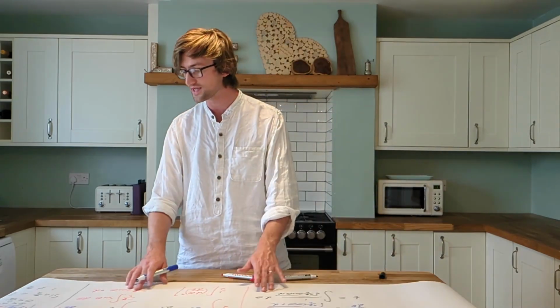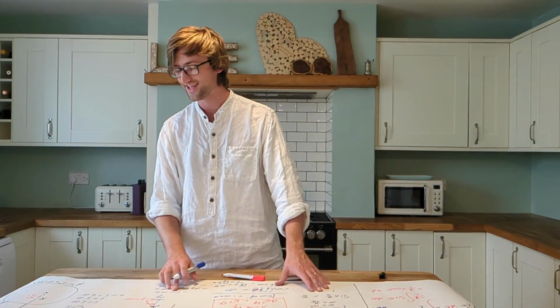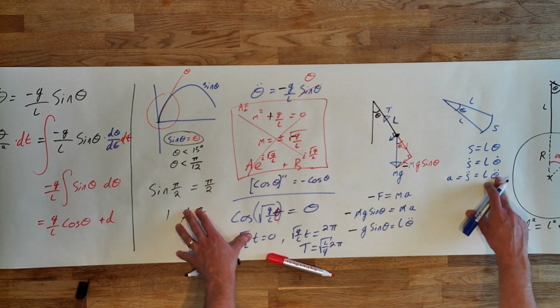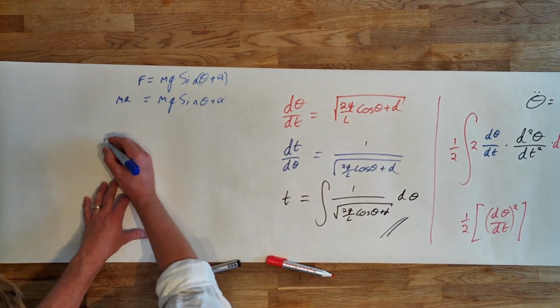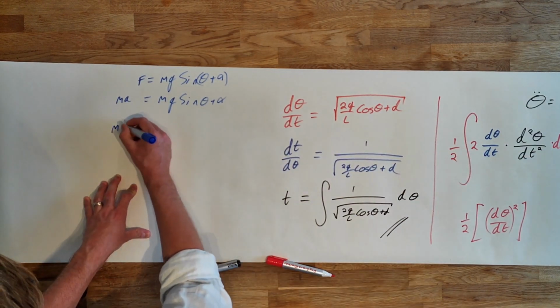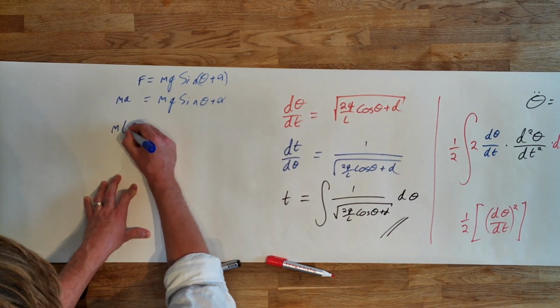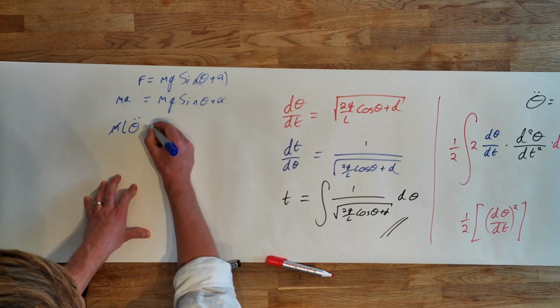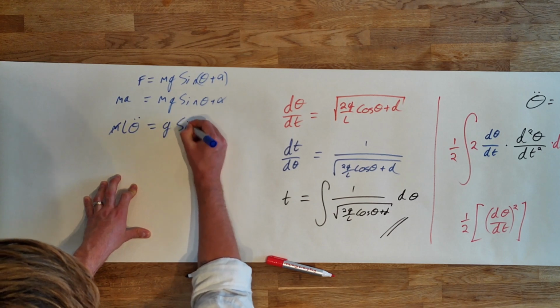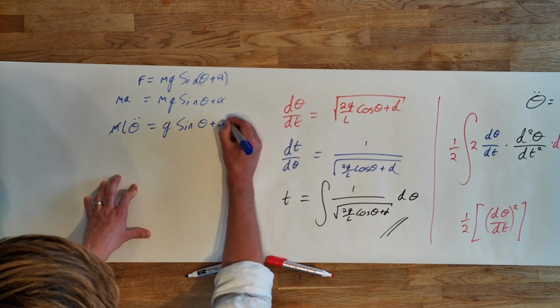A we already had earlier on as L times theta double dot. So back over here, we've got mL theta double dot, oh no, I've cancelled the m's. L theta double dot is equal to g sine of (theta plus alpha).